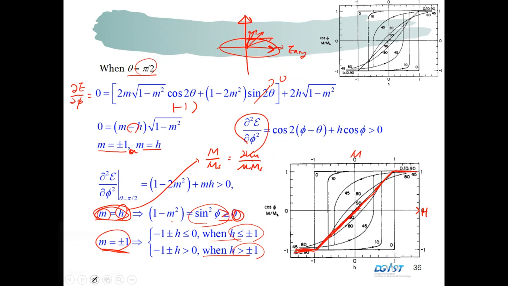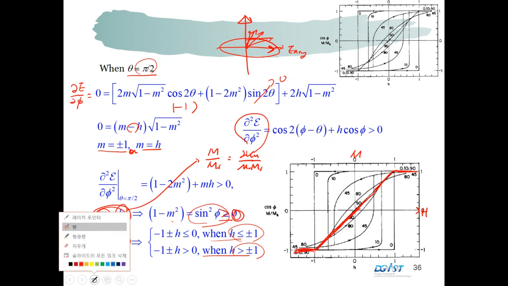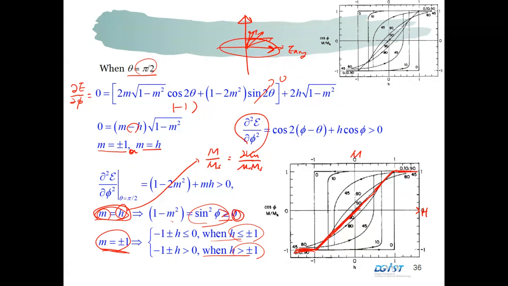So we think about two extreme cases, the hard axis case and then the easy axis case. And the saturation field is the same for the hard axis and the easy axis.